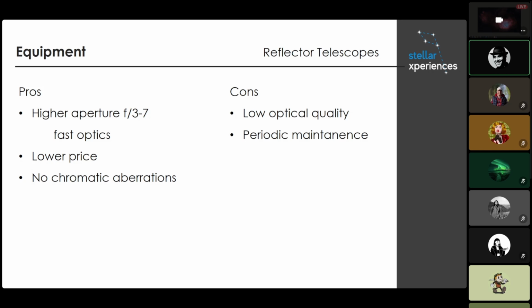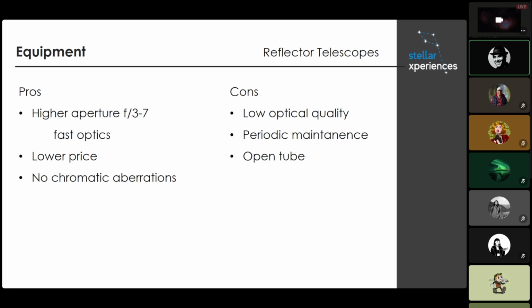A reflector telescope has two mirrors. These two mirrors have to be aligned to each other very carefully to be able to have good vision from the telescope. And this collimation can go bad even when you are carrying your telescope. So it needs periodic maintenance, and it also needs mirror cleaning, which can be tricky and tedious.